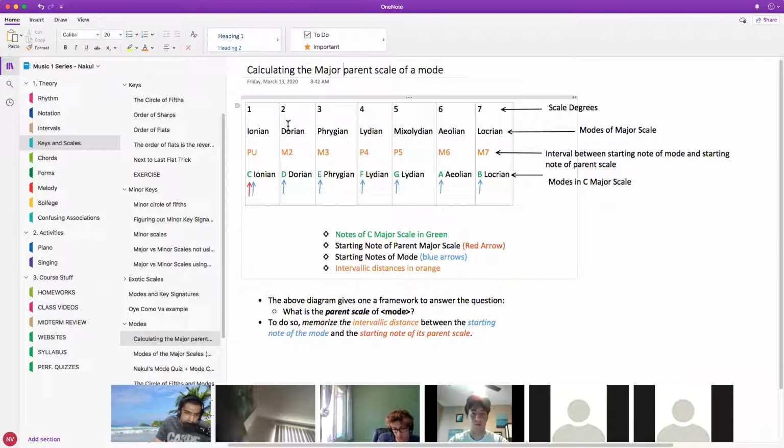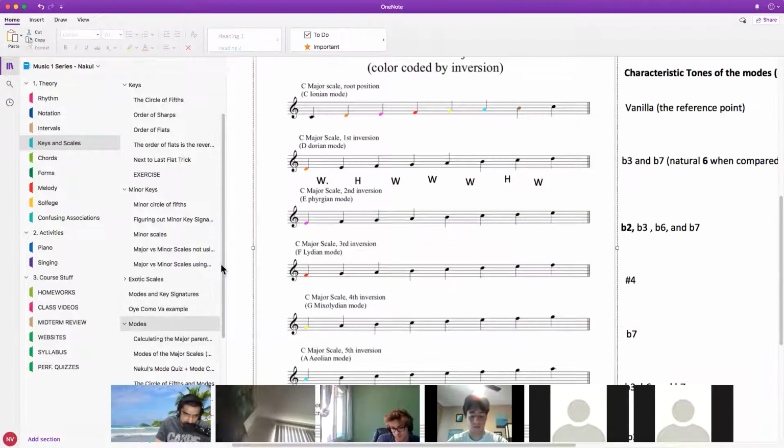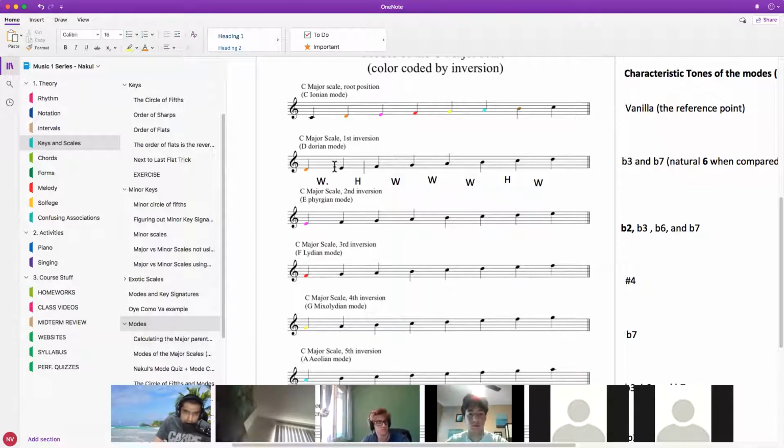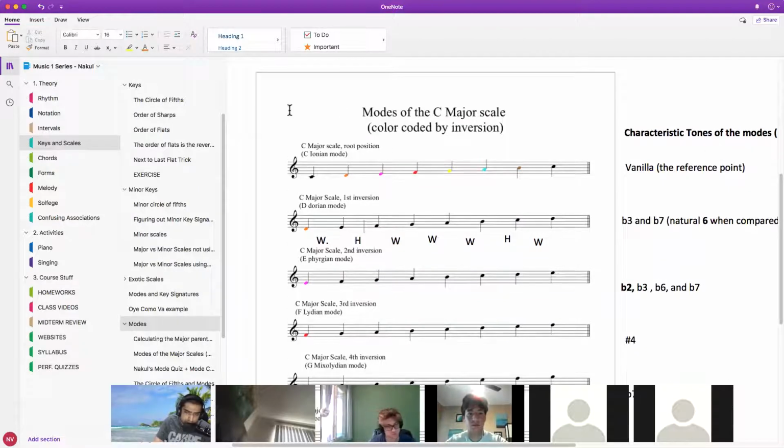We can generalize the modes. I want to back up for a second. Hopefully you can understand that when I'm thinking about flat 3 and flat 7, it's basically a scale formula. That's the way you've thought about scales in the past, right? That's nothing new. Flat 3, flat 6, flat 7. Instead of flat 3, flat 6, flat 7, I'm just flatting the 3 and flatting the 7. This idea of modes is new from the idea that you're inverting a scale.